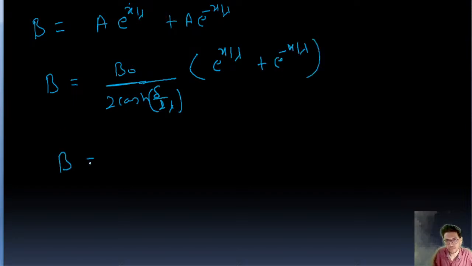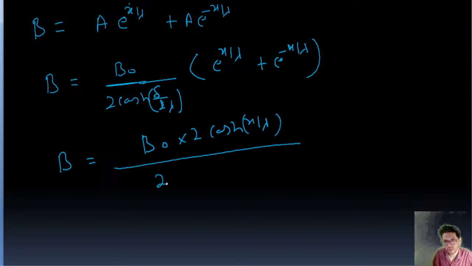Again e to the power x plus e to the power minus x is equal to 2 cos hyperbolic x, right? So B naught into 2 cos hyperbolic x by lambda upon 2 cos hyperbolic delta upon 2 lambda, right?